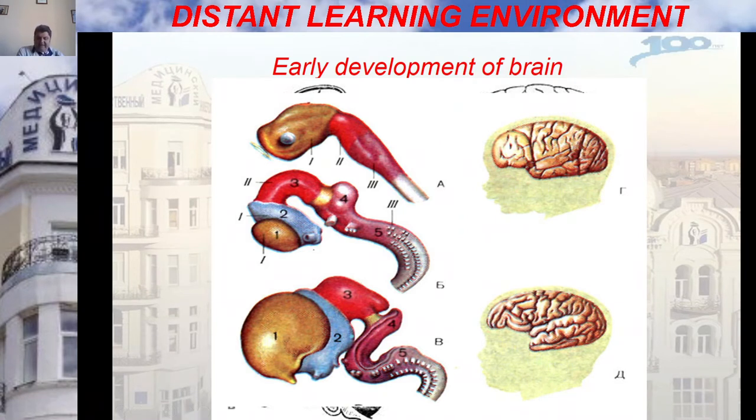The common cavity of the rhombencephalon, rhomboid-shaped on frontal section, forms the fourth ventricle, communicating with the central canal of the spinal cord. Its ventral and lateral walls are considerably thickened due to the development of the nuclei of the cranial nerves in them, while the dorsal wall is thin.